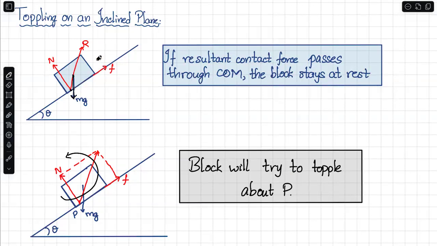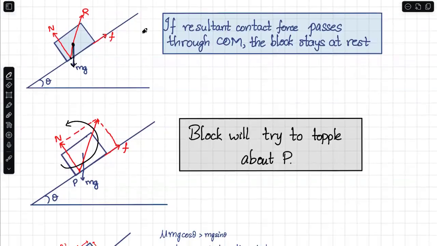Three forces are there. Actually, wrong, only two forces. These are the components of the resultant reaction force. If the resultant reaction force and weight force pass through the same point, no toppling, no slipping. So that is one condition. No toppling, no slipping. Next.